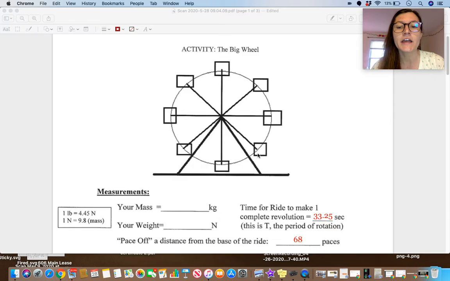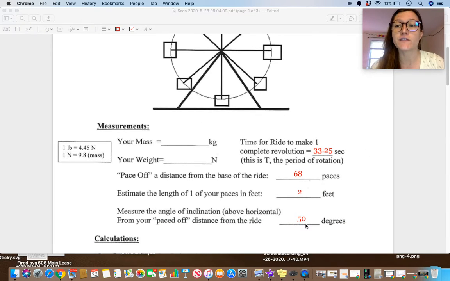So this data is already filled in for you because you'd have to collect it at the park using something that we call an inclinometer, which basically allows you to figure out how high or far away something is based on estimated values. So you would pace off the distance from where you're located.